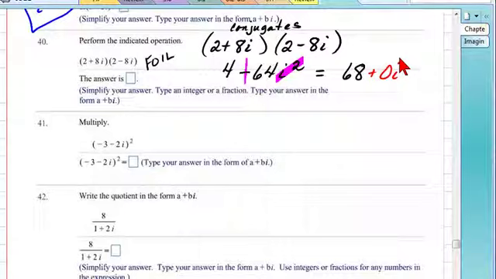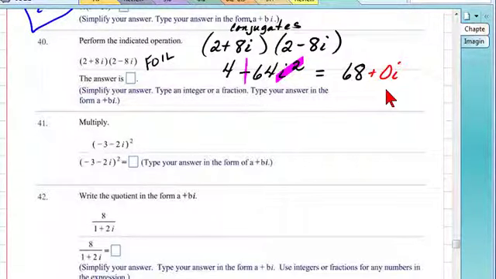So it's a complex number, but it was real. That means that the imaginary part had to be 0. I personally would never require you to add that plus 0i, but MyMathLab might. So when you multiply conjugates with complex numbers, you always get something that's real.